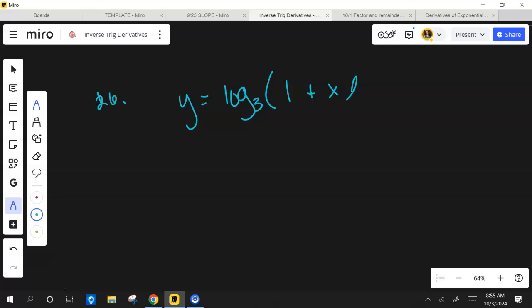What was that, 26? Find the derivative. Find the derivative.